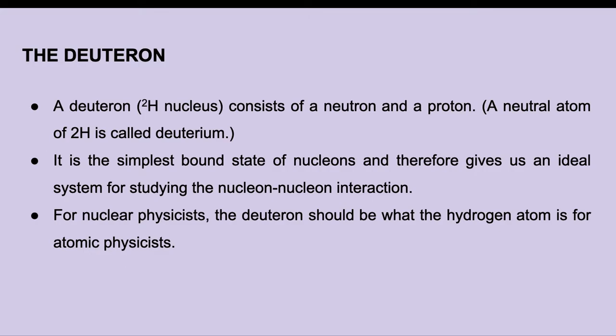In atomic physics, we start with the study of the hydrogen atom. That means it is the simplest atom with only one proton and one electron. And here, when we are coming to the nucleus, for studying the nuclear force, the basic requirement is two nucleons, and that structure is with a proton and a neutron, and that is your deuteron.